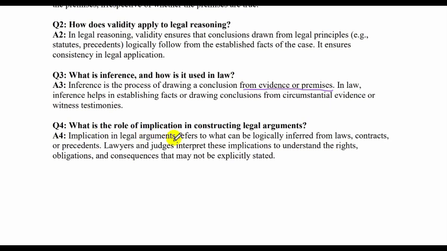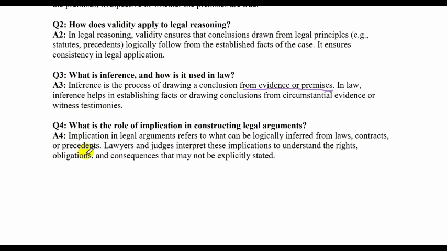What is the role of implication in constructing legal arguments? Implications in legal arguments refer to what can be logically inferred from laws, contracts or precedents. So this is also very important. If there is a law, what do we understand out of that law?